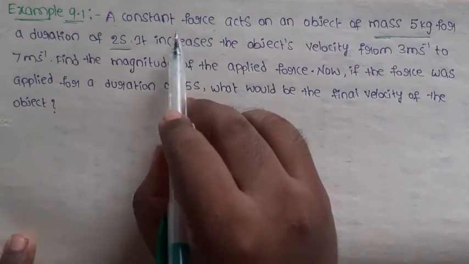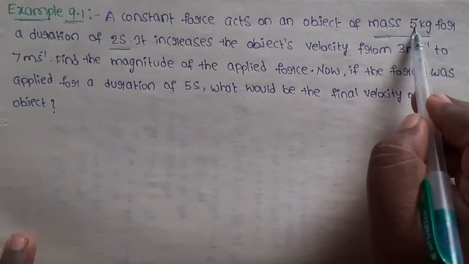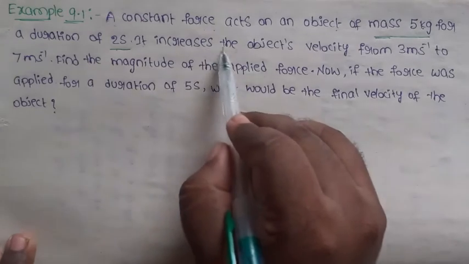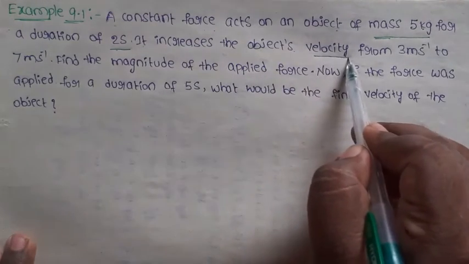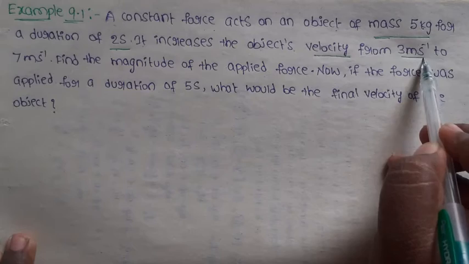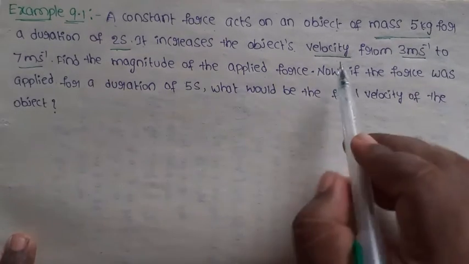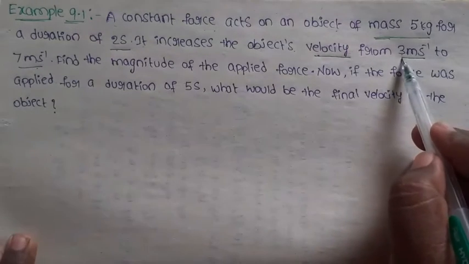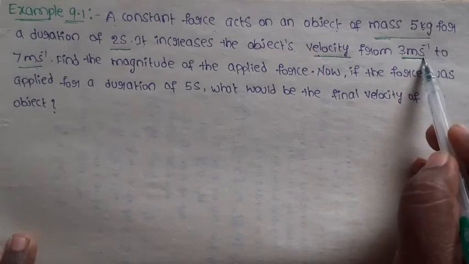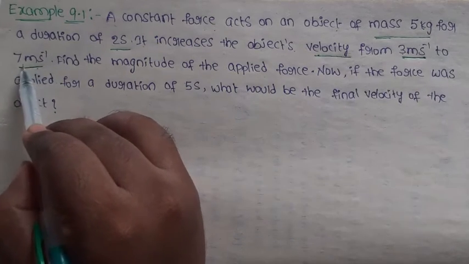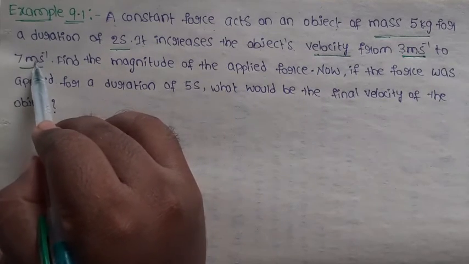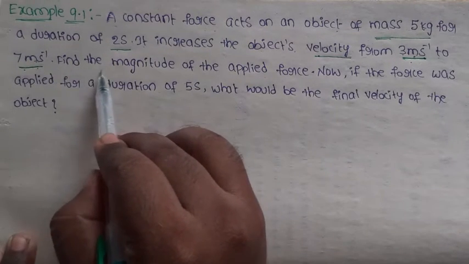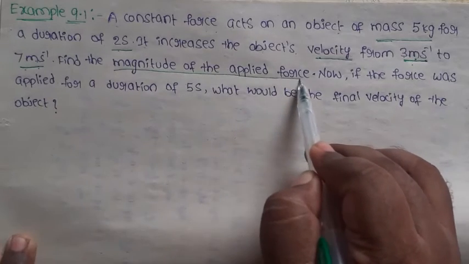It increases the object's velocity from 3 meters per second to 7 meters per second. So this is the initial velocity u, and this is the final velocity v. Find the magnitude of the applied force.